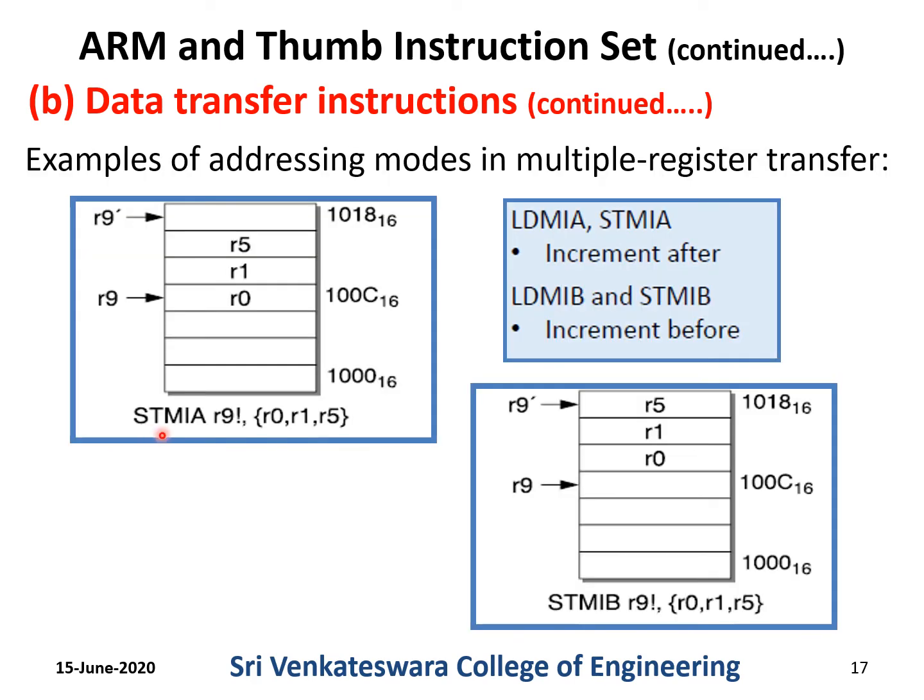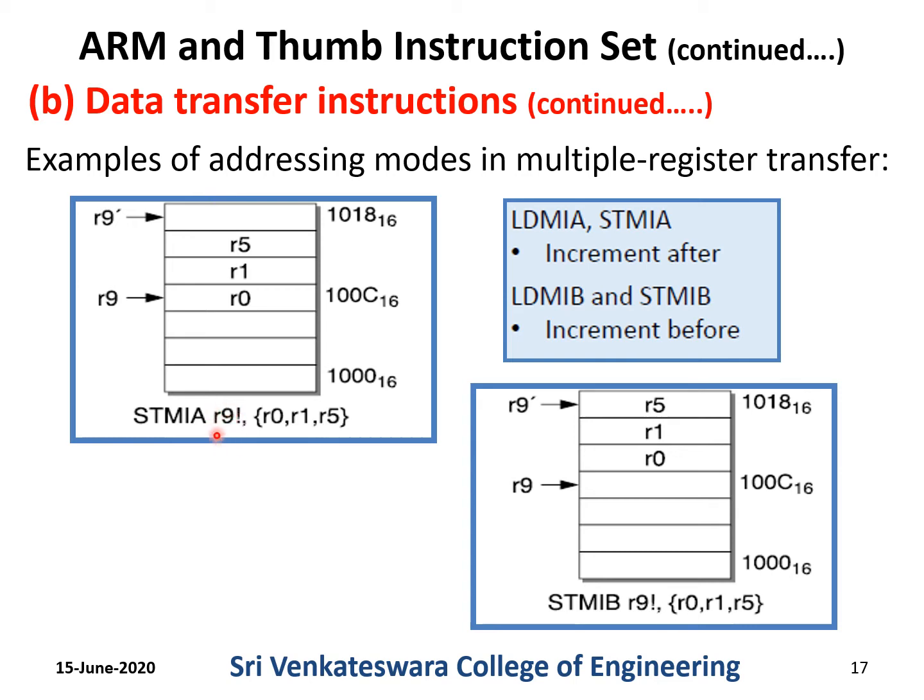Here the store multiple registers instruction is explained using an illustration. STMIA R9, within curly braces R0, R1, R5. In this store instruction, the values stored in R0, R1, R5 have to be stored into the memory location pointed by R9.